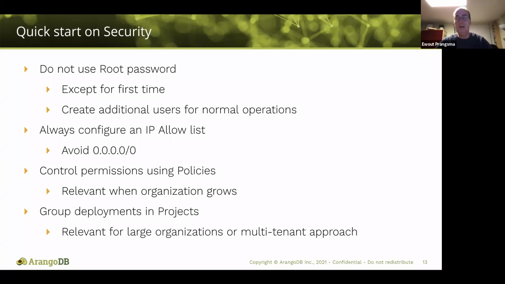And that number at the end is anywhere between 0 and 32. There are good Wikipedia articles about that, and we give you some examples of what to do. What you should never do in there is 0.0.0.0/0, because that means everyone has access. So it's essentially throwing away the allow list feature.